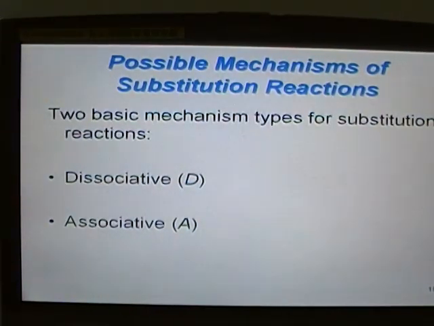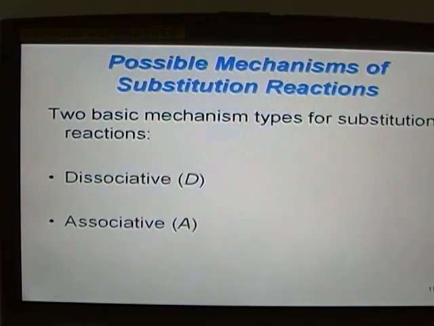We're going to look at mechanisms of substitution reactions for the rest of this discussion. There are two basic mechanism types for substitution reactions: dissociative and associative.